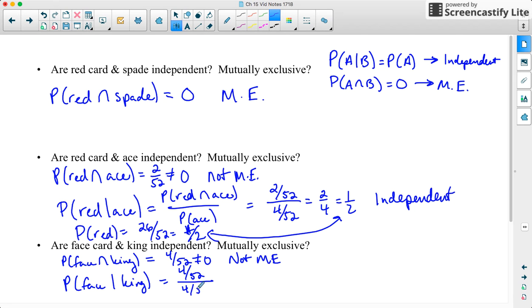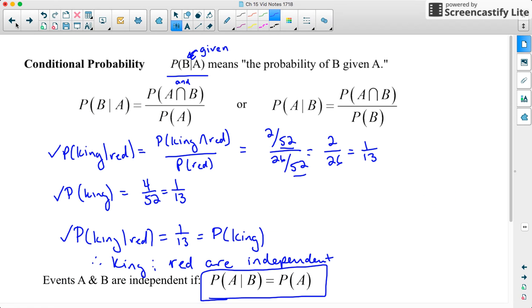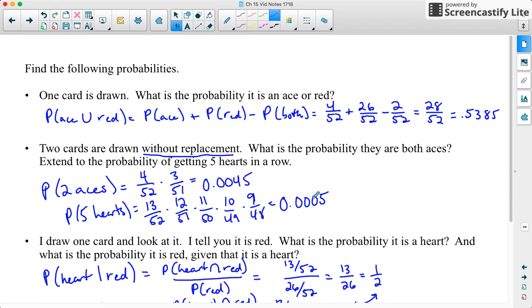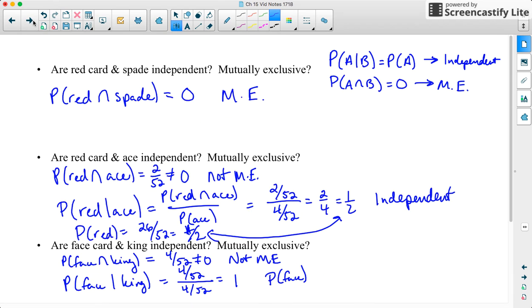Well, there are 4 out of 52 there as well, so that's equal to 1. What's the probability of face card? There are 12 face cards, so that would be 12 out of 52, which is some number, but it's not equal to 1. So therefore, they're neither independent nor mutually exclusive.